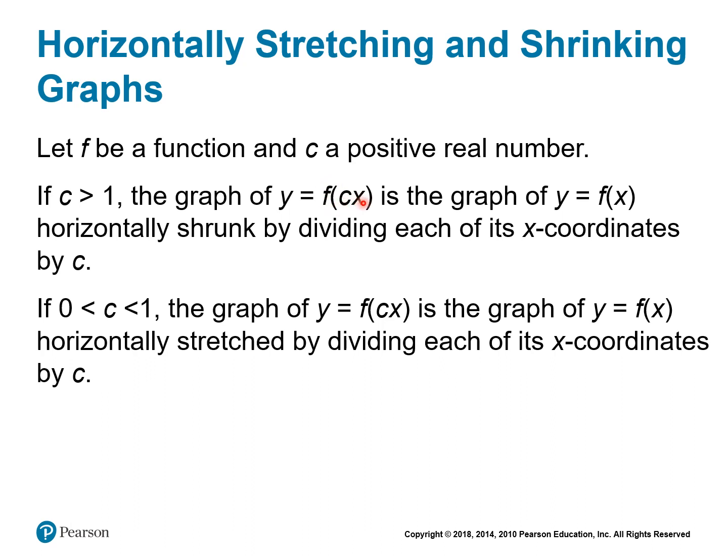We first multiply the x value, the domain value, by a certain quantity, and then we evaluate the function and get the value of y. Now if the quantity C that we multiply the x value with is greater than 1, then the graph is horizontally shrunk.